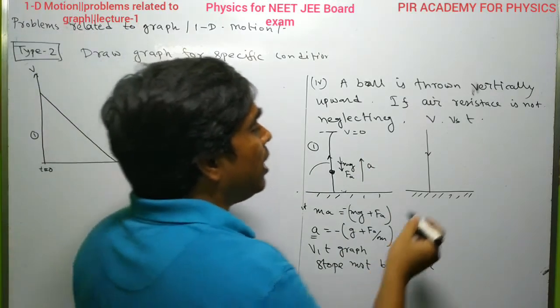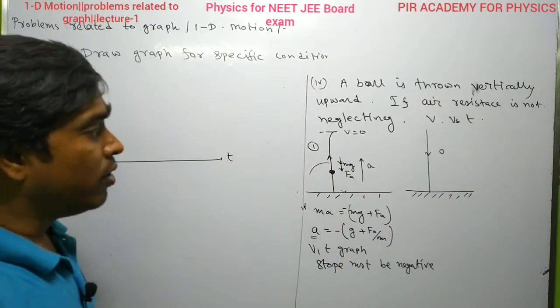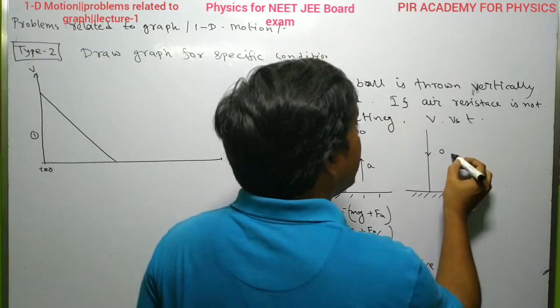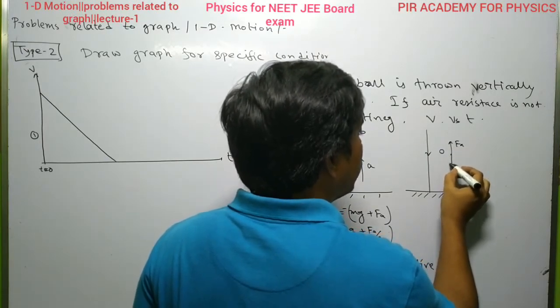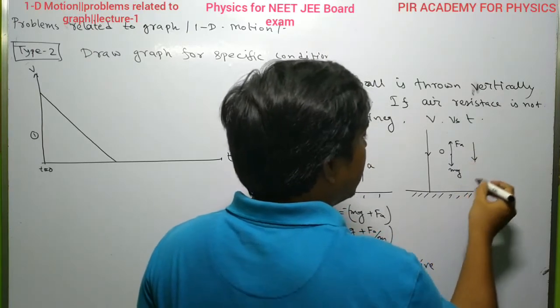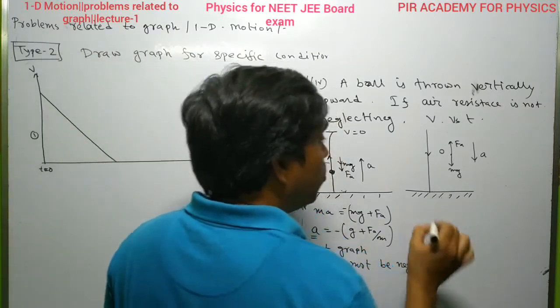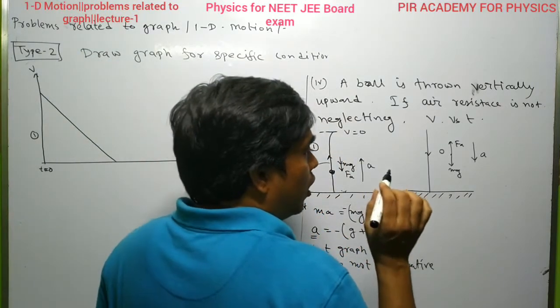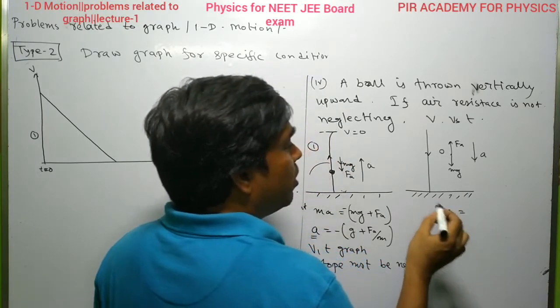Now when the particle comes down, what happens? Here the air resistance is along this direction and mg along this direction, and the acceleration is along this direction. If I use Newton's law of motion, total mass times acceleration equals the resultant force.